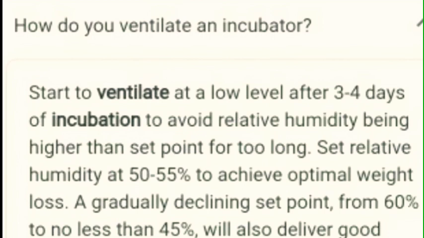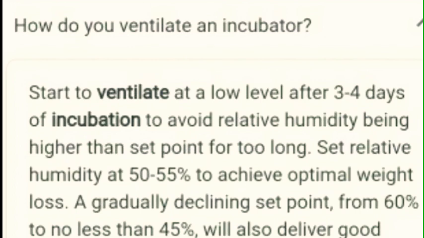Start to ventilate at a low level after 3-4 days of incubation to avoid relative humidity being higher than the set point for too long. Set relative humidity at 50 to 55% to achieve optimal weight loss. A gradually declining set point from 60% to no less than 45% will also deliver good results.